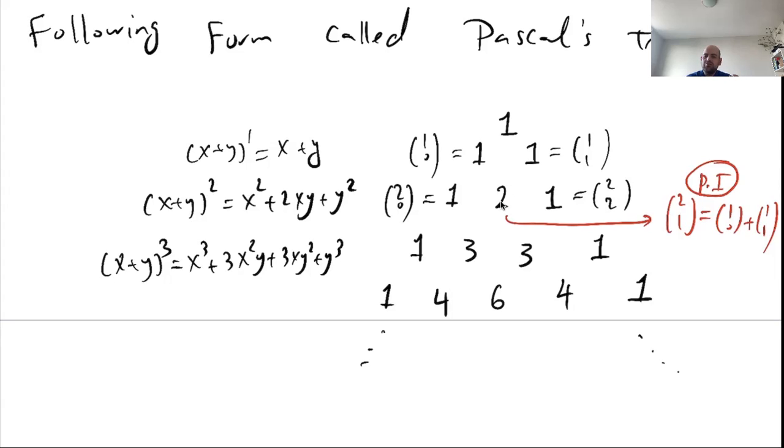But the trick here is that let's not do that. Let's not use the formula directly. Instead, let's use Pascal's identity. Pascal identity says 2 choose 1 is 1 choose 0 plus 1 choose 1, which means these two coefficients in the row above.